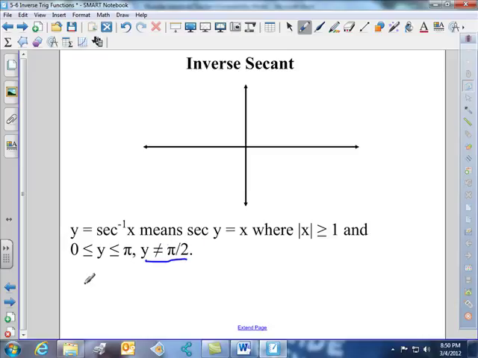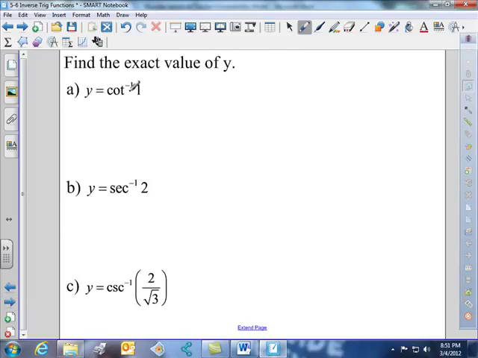So let's get some examples of these inverse functions, and then we will call it a day. So for the inverse cotangent, we'll recall that the cotangent is a reciprocal of tangent. If the tangent is y over x, then the cotangent must be, you guessed it, x over y.